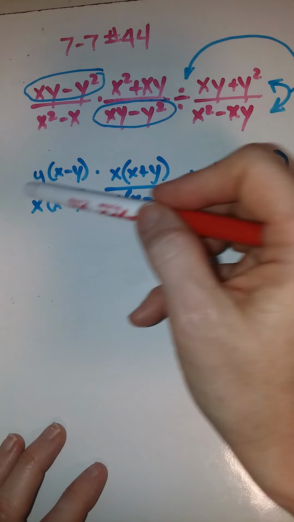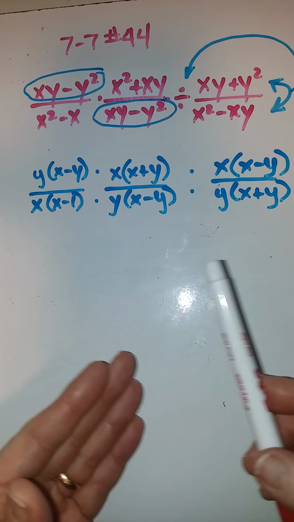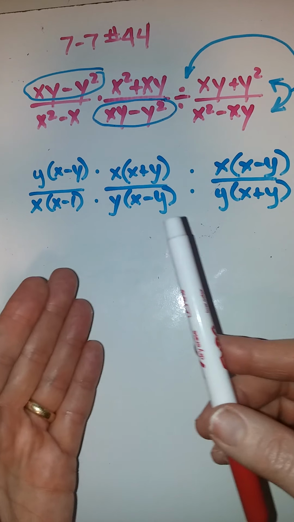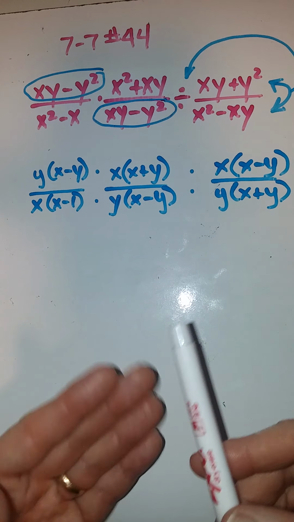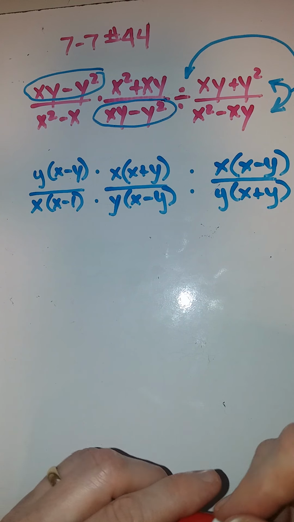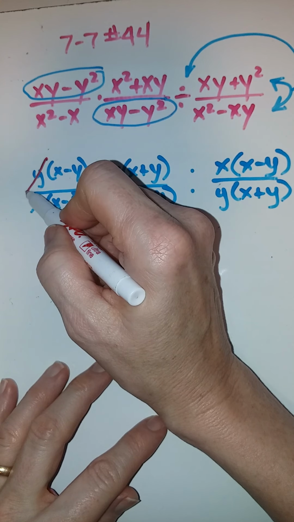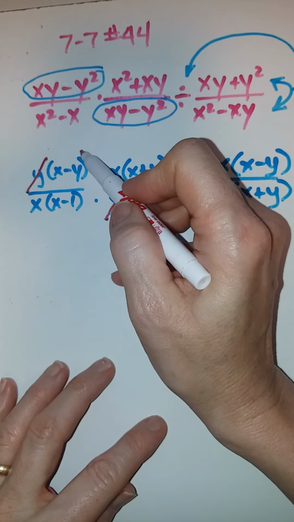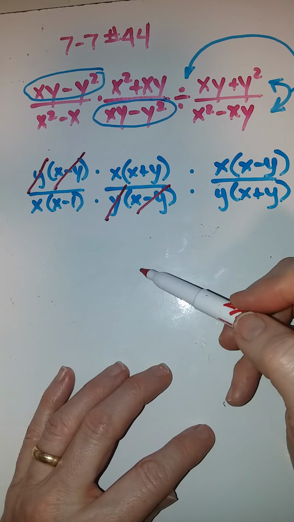All right, so now we're actually ready to do a little bit of canceling. We understand that all of these elements not only are commutative, but we can see that once we have one element over itself, that's equal to 1, so we can cancel them out. So let's start applying that. We see a y here and a y here, so they cancel each other out. We see an x minus y and an x minus y, so they cancel each other out.